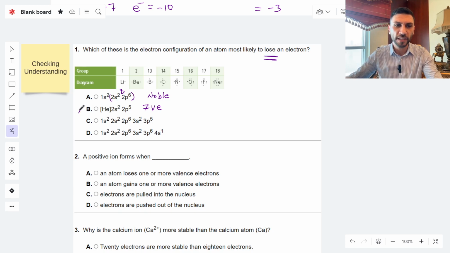So definitely not B, not A. C also has, in the third energy level, 7 valence electrons, and it will gain 1 electron, not lose. Let's check the last one. In 4s, energy level number 4, we have only one electron, so the valence electrons here are 1. If we lose this one electron, the outer shell now has 8 valence electrons. So basically it's going to be D.